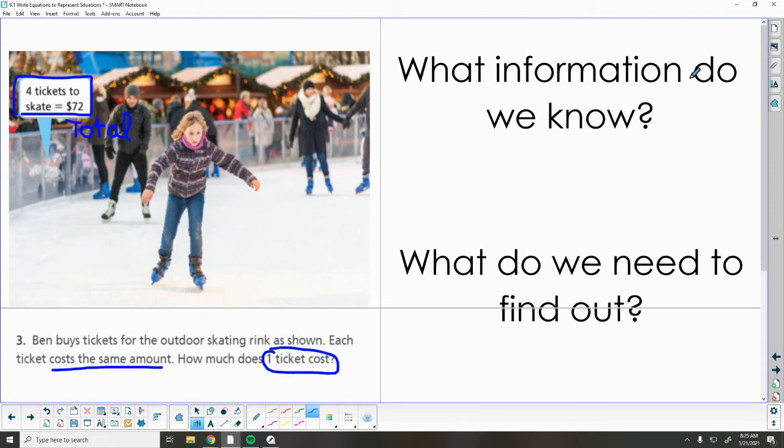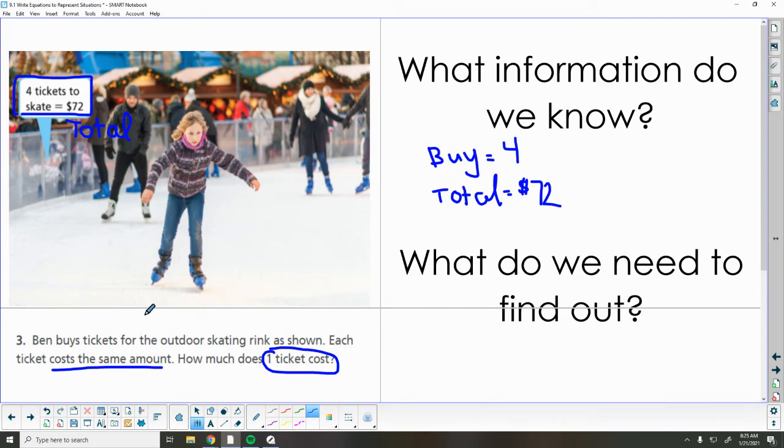So first, let's figure out and write down, what do we know? How many tickets did Ben buy? He bought 4 tickets. And we know the total was $72. We also know that each ticket was the same amount.